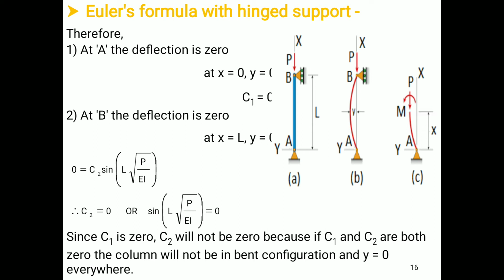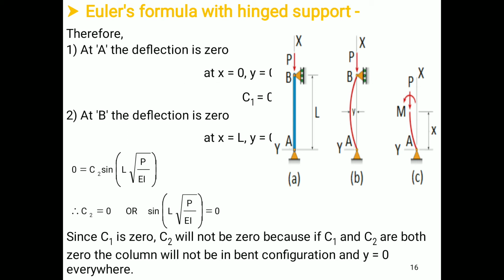At A, x is also 0, therefore at x = 0, y = 0. So what does it mean? Remember this concept: at x = 0, y = 0, it means the deflection is 0 at point A.